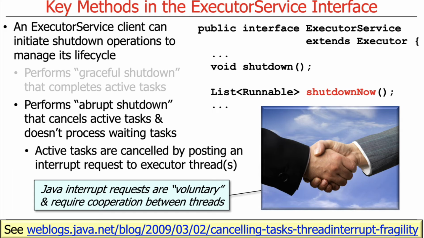So if you are shutting down an executor service and its tasks decide they just want to keep running, you really can't shut things down. There's no portable way to shut threads or tasks down unilaterally. There's no mandatory shutdown, only voluntary shutdown. We'll talk about that in more detail when we get further into the course.